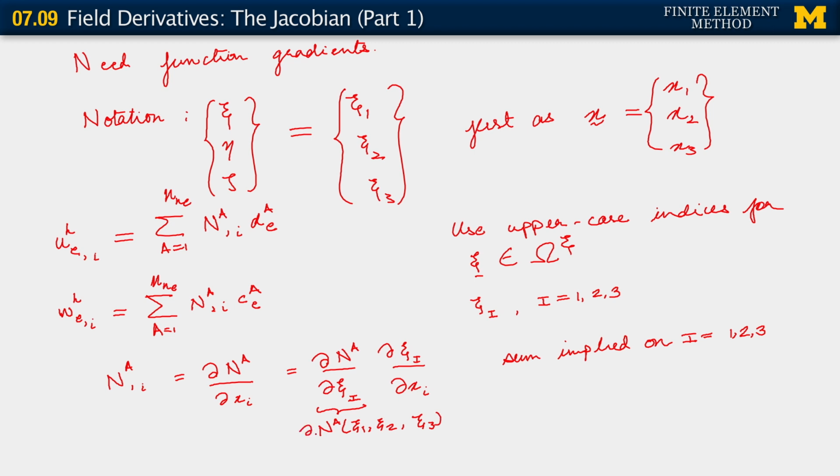So we're talking of taking this derivative with respect to a particular xi, where I may be 1, 2, or 3. We've written out the shape functions, we know how to take those derivatives. Straightforward. Now, the thing that remains to do is to figure out this quantity. How do we get that?